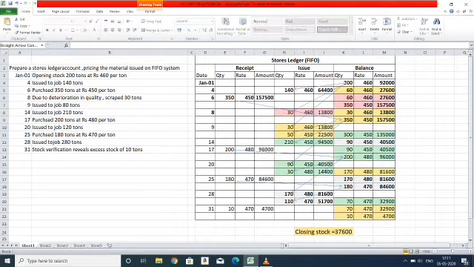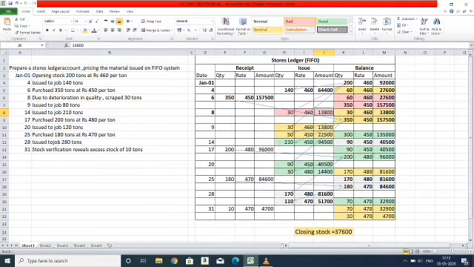Our first lot is 200 units. From that first lot 200 we issued already 140. Then our balance is 60 tons. From that 60 tons we have to issue this 30 tons. So our rate 460, 30 into 460, that is equal to 13,800.